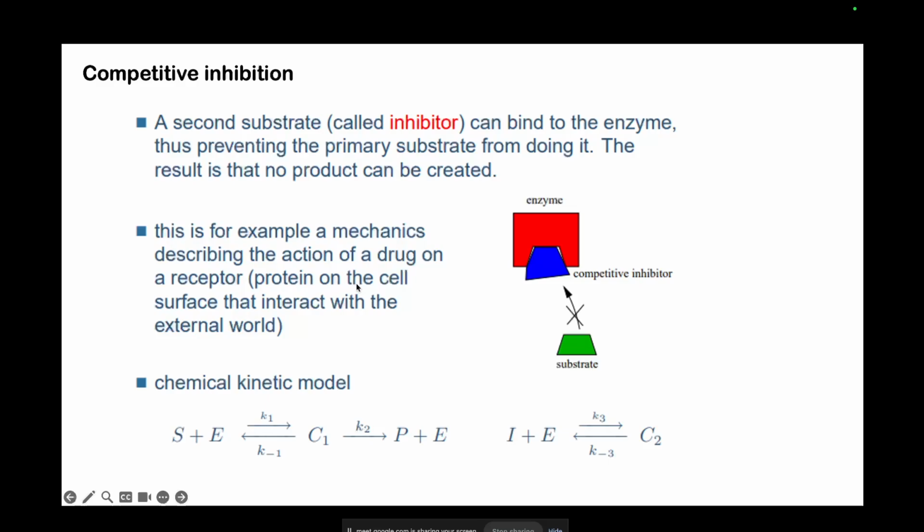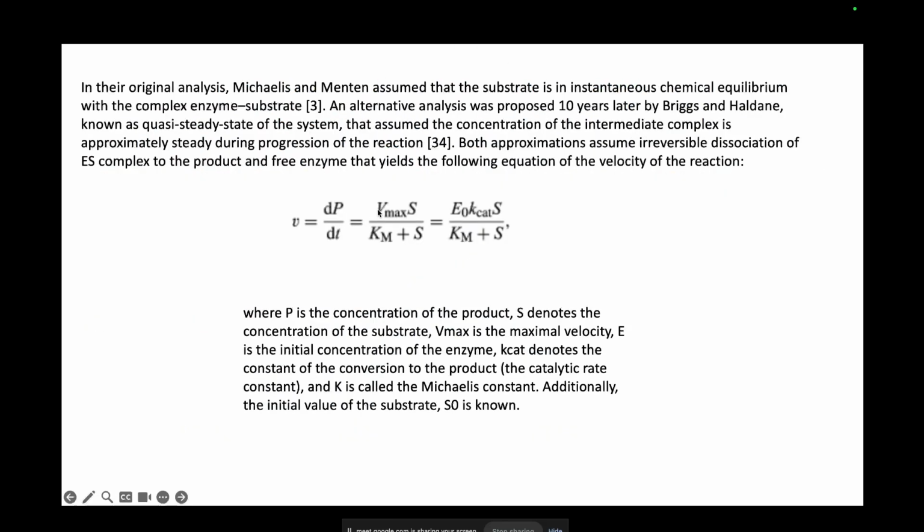So these two assumptions you make, and then you substitute the values of E. E is basically E naught minus C1 minus C2. You substitute this like this in the rest of the equations, and you are actually left with three equations: dS/dt, dC1/dt, and dC2/dt. The quasi-steady state approximation, as these two people said, is basically that your enzyme substrate complex is in equilibrium, not the whole thing.